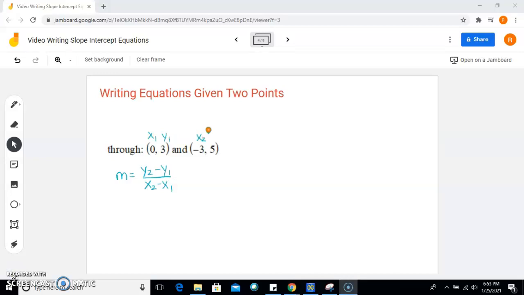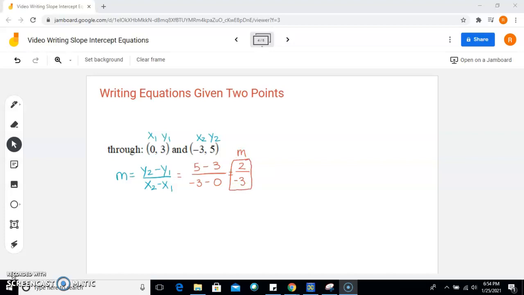Second point is x2, y2. All we do from here is substitute in my y2 value, 5 minus 3 over negative 3 minus 0. Then we'll simplify. 5 minus 3 is 2, and negative 3 minus 0 is negative 3. We cannot simplify that fraction, so now I have my m.